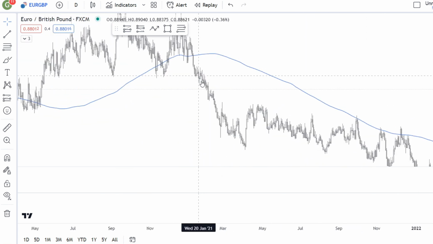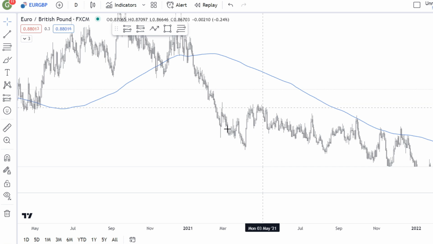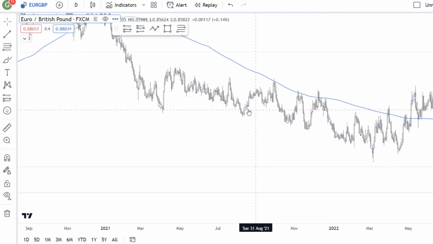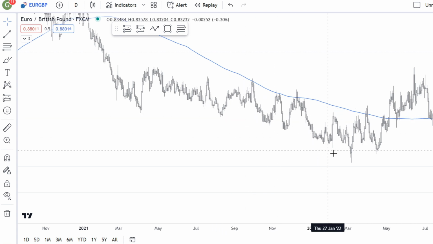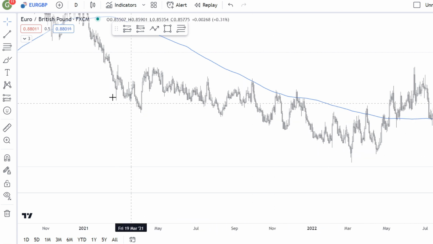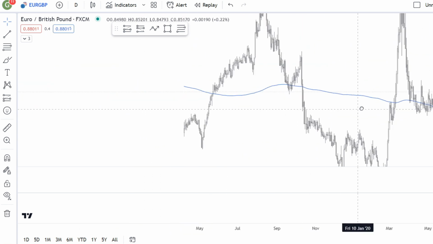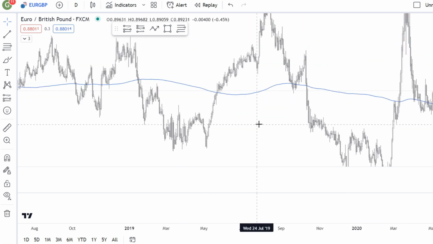Over here we see that the price is below the 200 moving average, and we see that the line is also going to the downside and the price is in a downtrend. Over here we see it goes to the upside, over here we see it go to the downside. So it basically shows you if it's an uptrend or a downtrend, and you can then use this information to enter or exit trades.